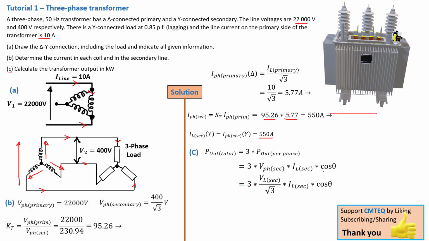And then V phase secondary is actually the V line secondary divided by the square root of 3. And that will change into the square root of 3 times V line secondary times I line secondary. And that is exactly how you calculate your power in a 3-phase star connected transformer. And this gives us a value of 323.89 kilowatt.